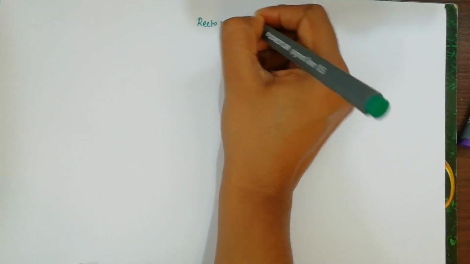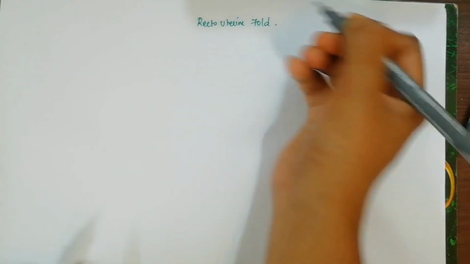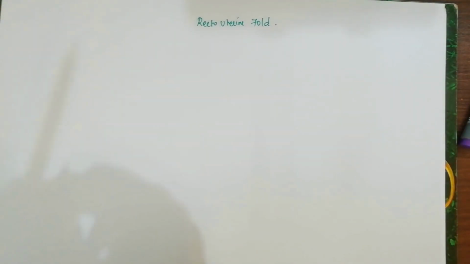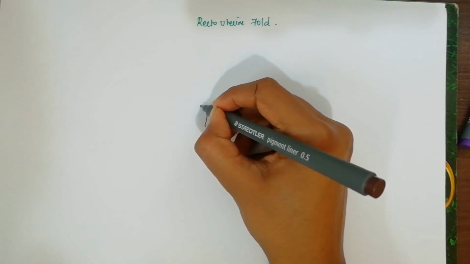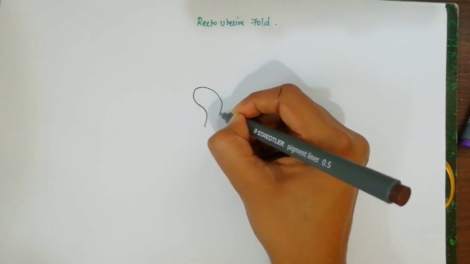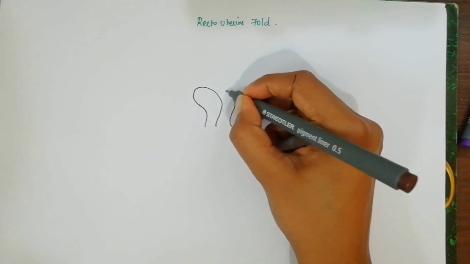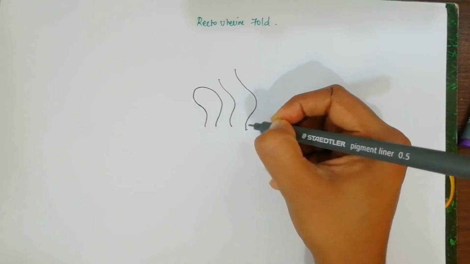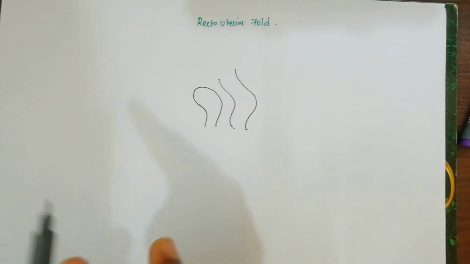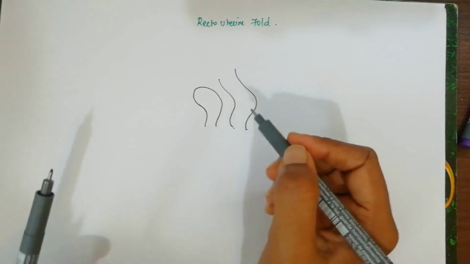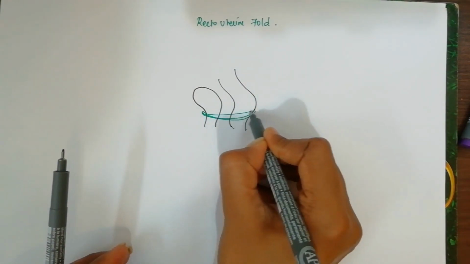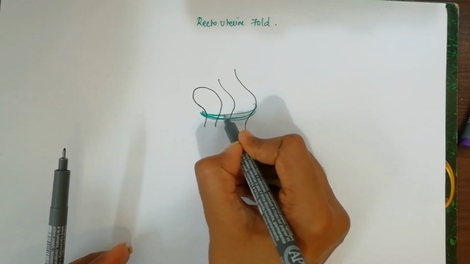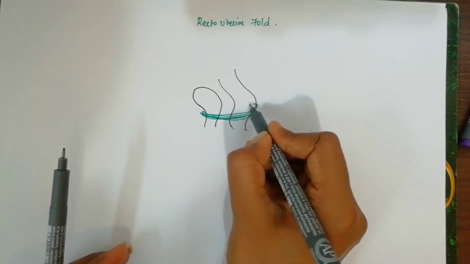So this recto-uterine fold is going to extend from the uterus to the rectum. We have got a ligamentous string, such as we have got our uterus and then we have got our rectum. From the cervical region of uterus, we will be having a fold or a ligamentous extension which is going to cover whole of this, forming a sling-like portion.